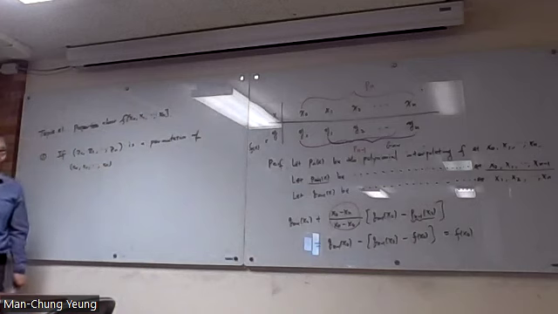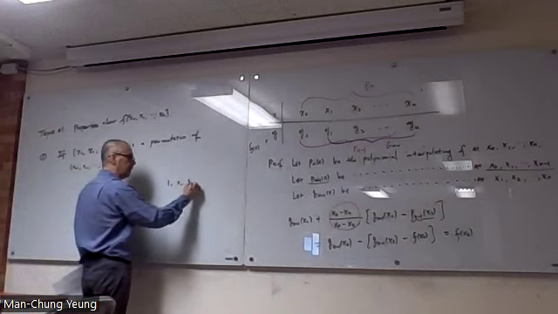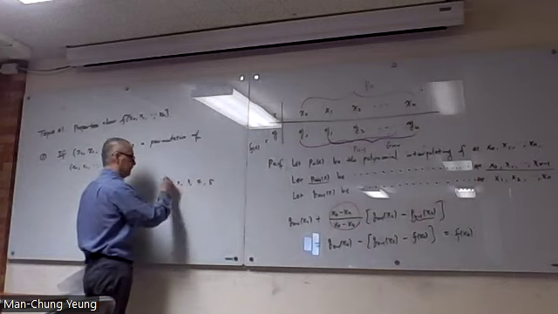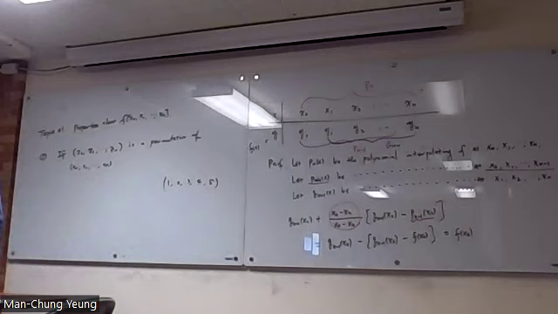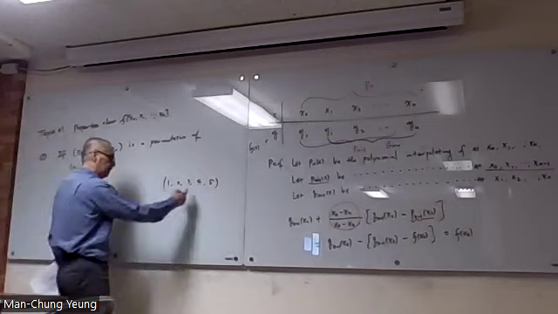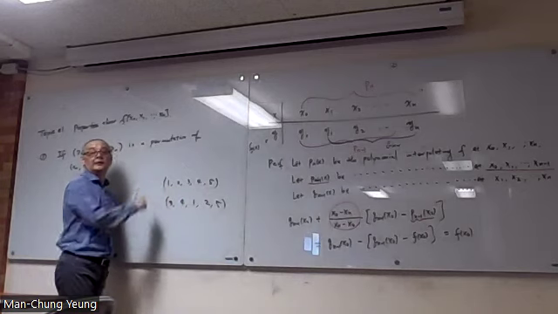What does it mean? Permutation. Here, 1, 2, 3, 4, 5 is a set of numbers. One permutation is 3, 4, 1, 2, 5. This is a permutation.